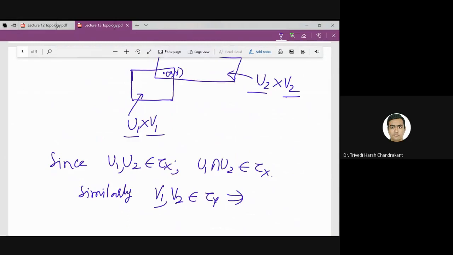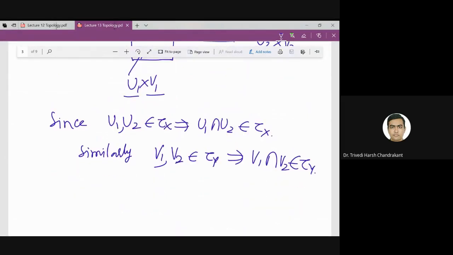Then, now we are using the property of topology that if I have two open sets, then the intersection is also an open set. Right. So finally, what we will get is therefore xy is in... now I have two open sets in x and y. So I can construct an open set in the x cross y by taking the cross product.